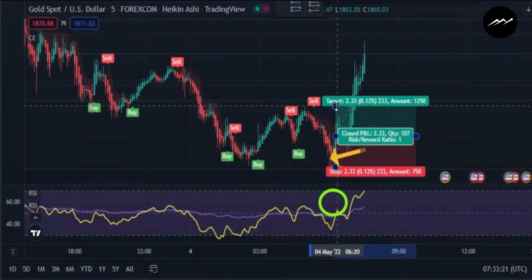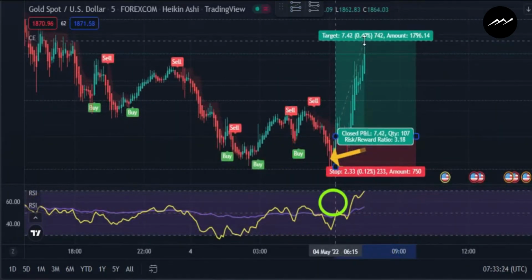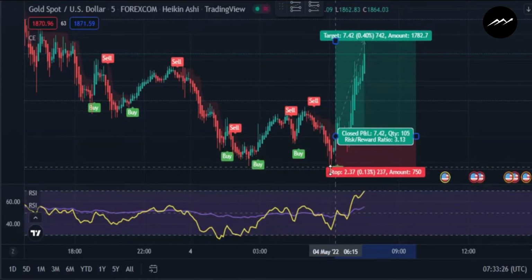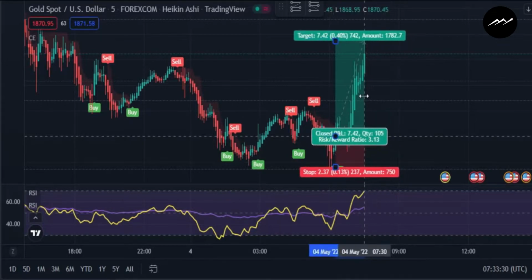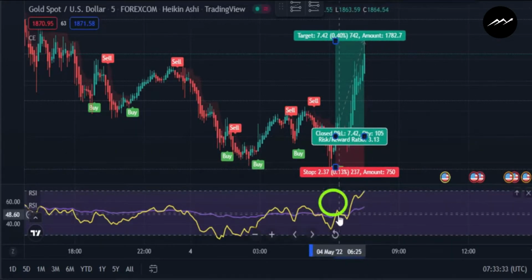And if the buy signal indicator is issued, we should wait for the RSI 25 line to cross the RSI 100 line upwards. So, with double RSI we can identify and remove fake signals.